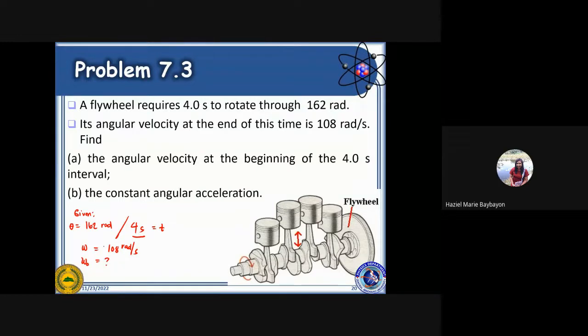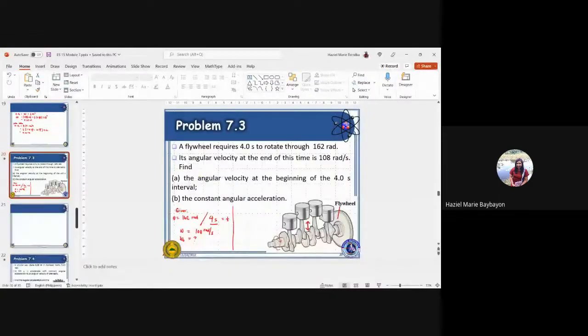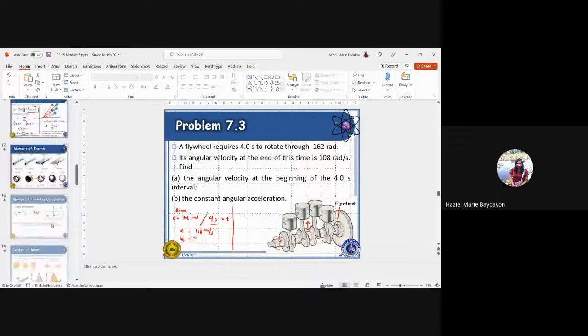Okay? So, unsa nga equation atong gamiton class for this? Ang gipangita kay si omega naught. Ang given kay kani. Wala kay alpha, no? So, unsa nga equation sa atong kinematics equations ang walay alpha?